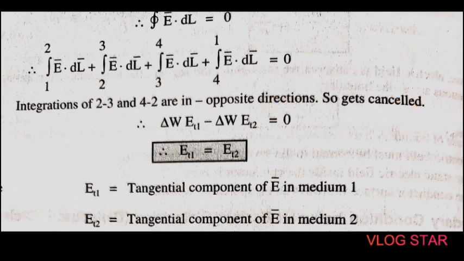Here Et1 is the tangential component of E bar in the first medium, and Et2 is the tangential component of E bar in medium 2. This indicates that the tangential component of the electric field is continuous across the boundary. Now we will consider the electric field intensity and electric flux density.